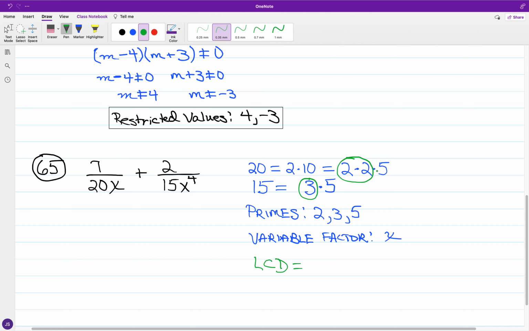And 5, the greatest number of appearances in either factorization is just one time. On the numerical side, we've got a couple of 2's, a 3, and a 5. For the variable factor x, we'll go with the highest degree, which is x to the 4th. Multiplying, 4 times 3 is 12, and 12 times 5 is 60.